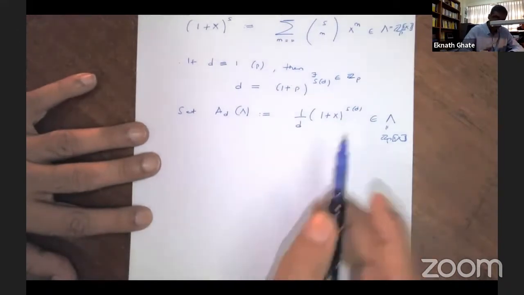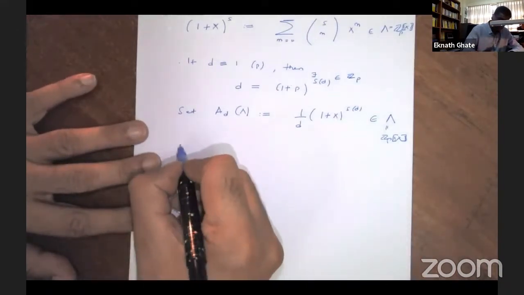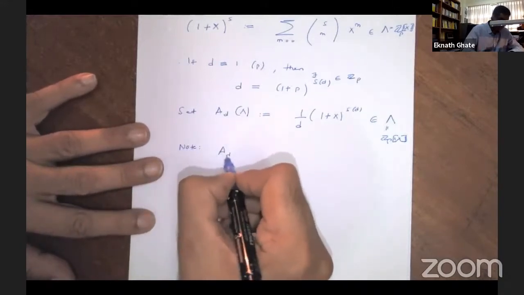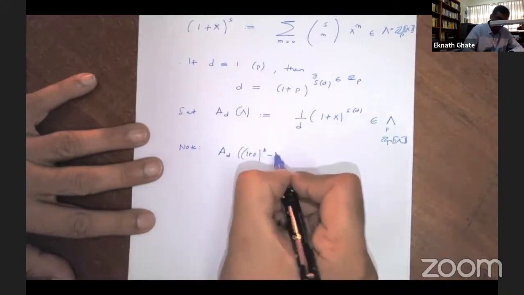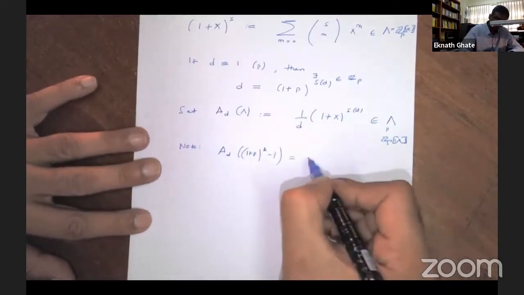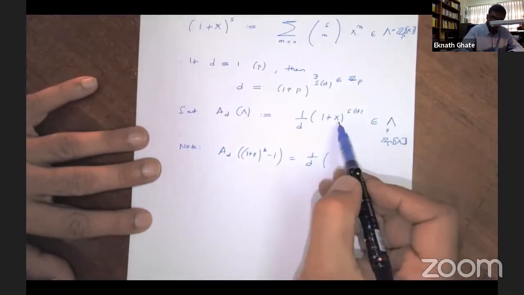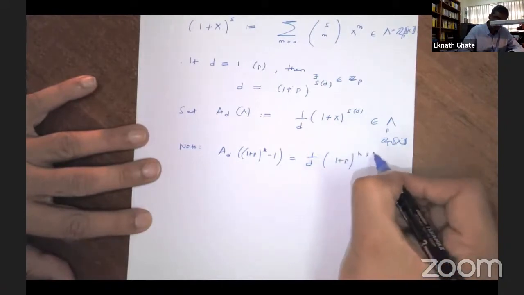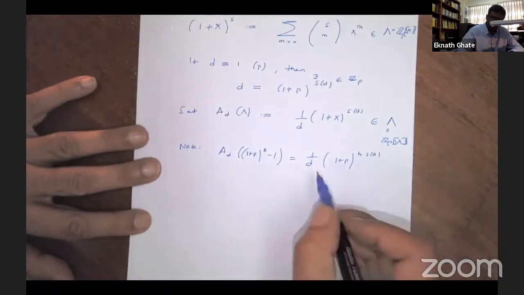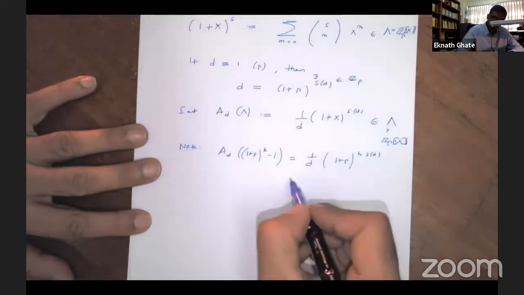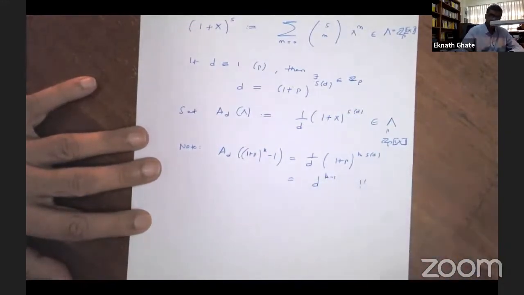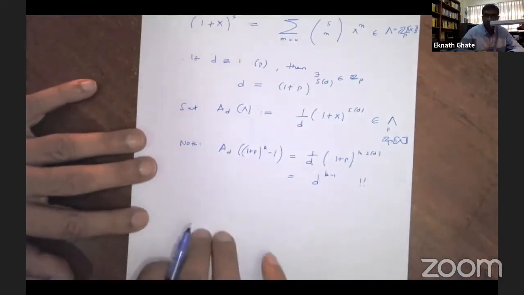So why did we look at this? Here is a very nice observation, a note within the note. If you specialize A_D at (1 plus p) to the k, minus 1, these special elements, what happens? You put X to be (1 plus p) to the k minus 1, the minus 1s cancel, and you get (1 plus p) to the k S of D. But remember, (1 plus p) to the S of D was D. So this is magically D to the k, and since you're dividing by D, you get D to the k minus 1.